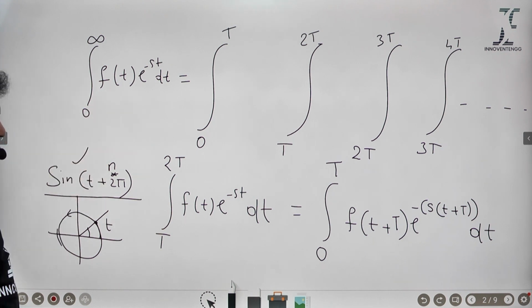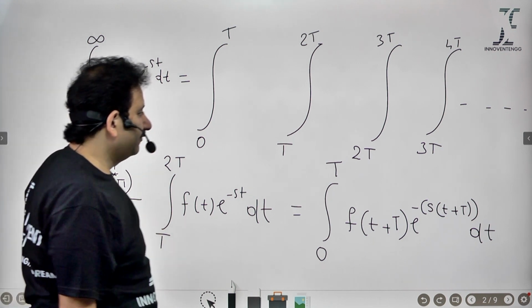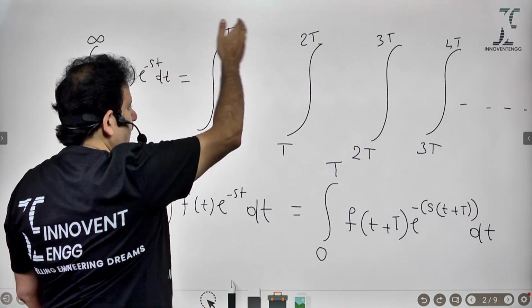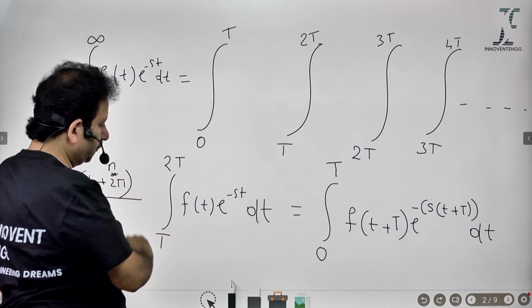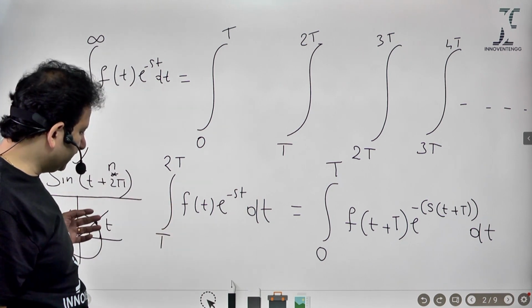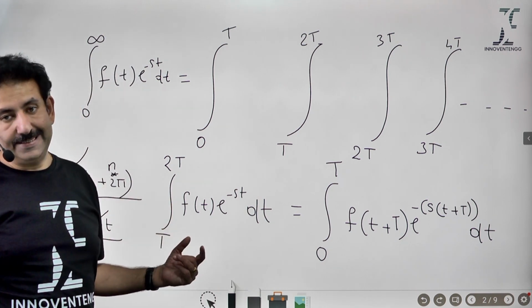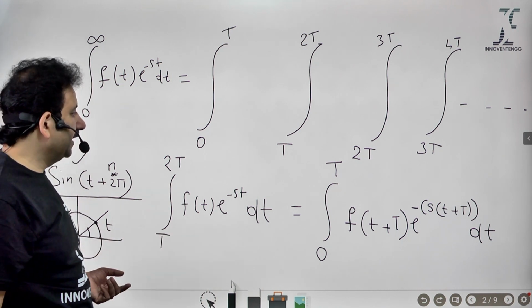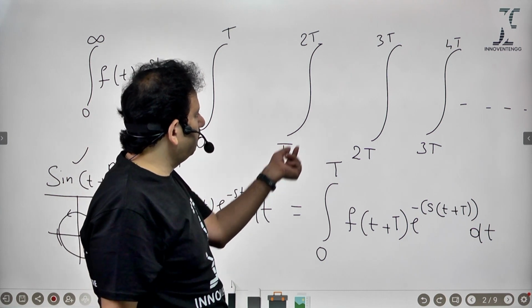That is what we have used. Of course the first integral is from 0 to T, and the second integral is from T to 2T, and we wanted to shift left by a period T. So what happens if you shift left by a period T? The original limits of integration are from T to 2T.